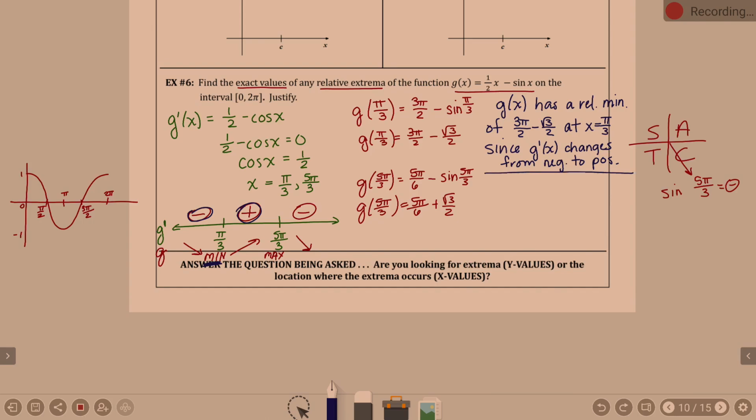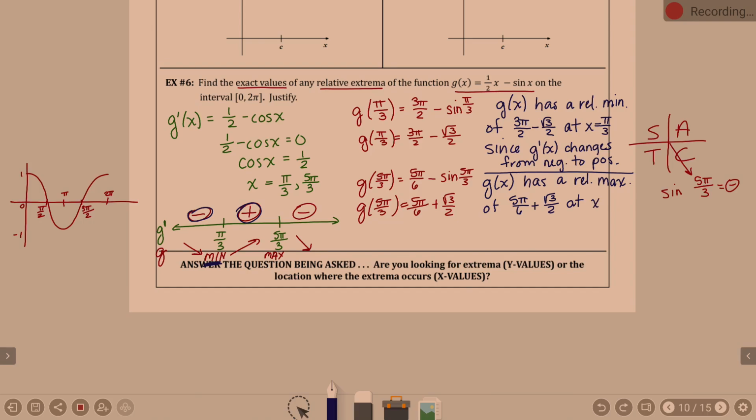The other piece is that g of x has a, and you could use the word local, you could even just say min or max, but it has a relative max of, and I'm going to give this value of 5 pi over 6 plus square root of 3 over 2.